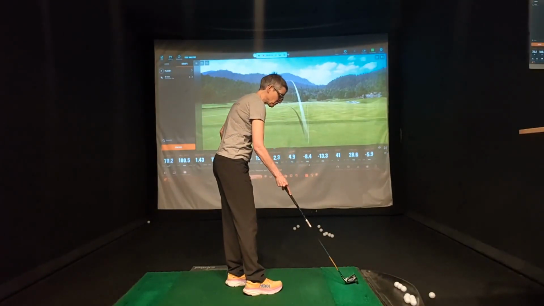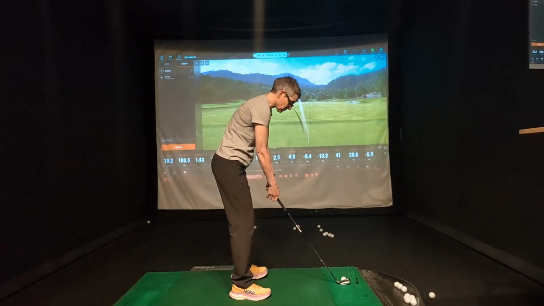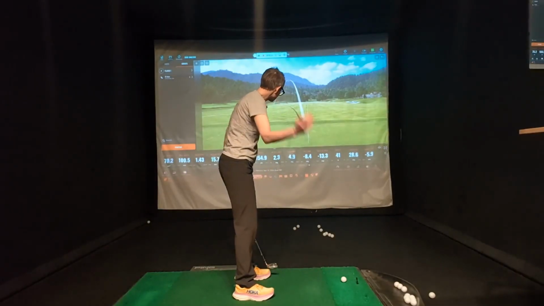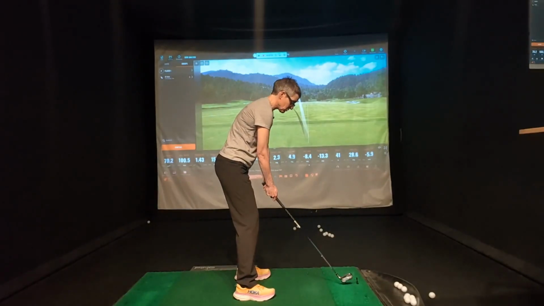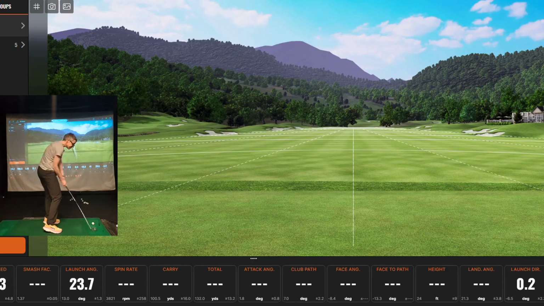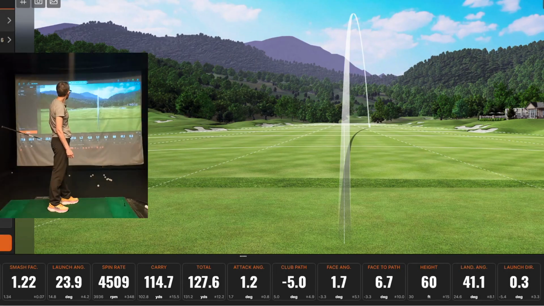Now, I'll try to demonstrate it the other way too. I'm not so good at this because my natural swing shape is very much in to out, but I'm going to try to swing left and keep the club face open and demonstrate that the ball can still start right. Okay, so I'll take that.